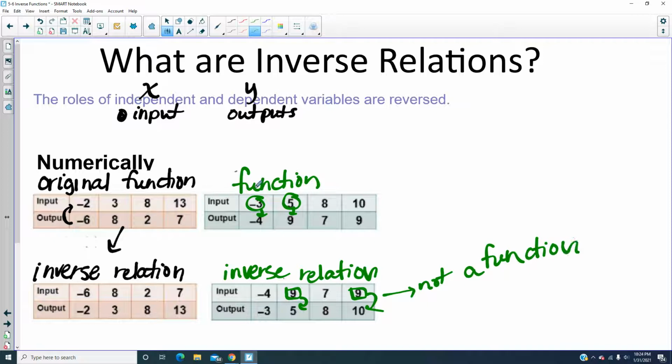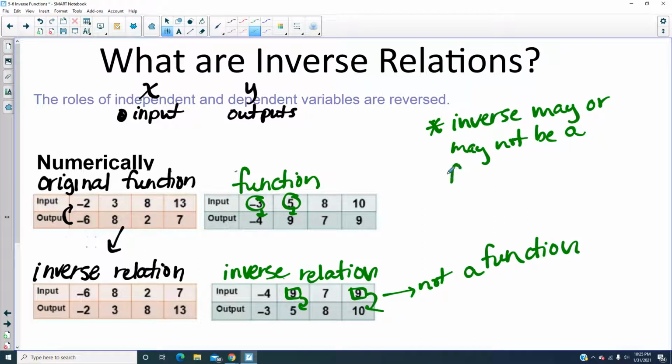So even though the original was a function, the inverse may or may not be a function. So just keep that in mind. And so when the inverse is not a function, we refer to it as an inverse relation. So that's what you'll see numerically.